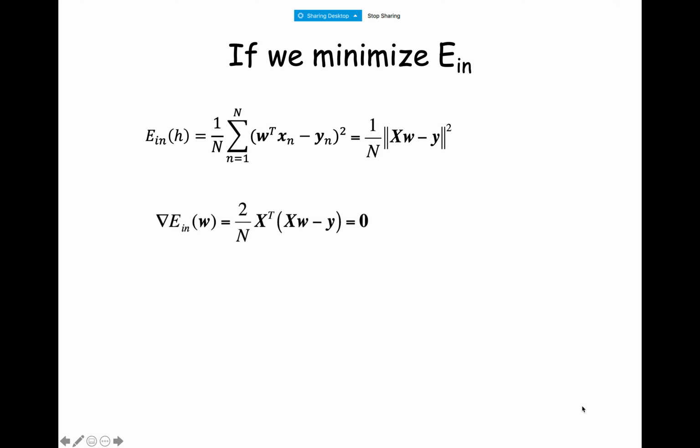And if we do that, what we get is the following. So we start out with 2 upon n, X transpose, XW minus Y, is equal to 0.